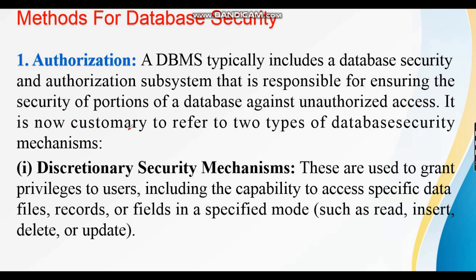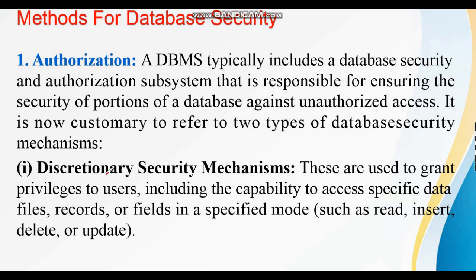It is now customary to refer to two types of database security mechanism. Okay, what is authorization? That is nothing but it ensures the security of portions of a database against unauthorized access, right? Next, here we are going to see two types of database security mechanism.